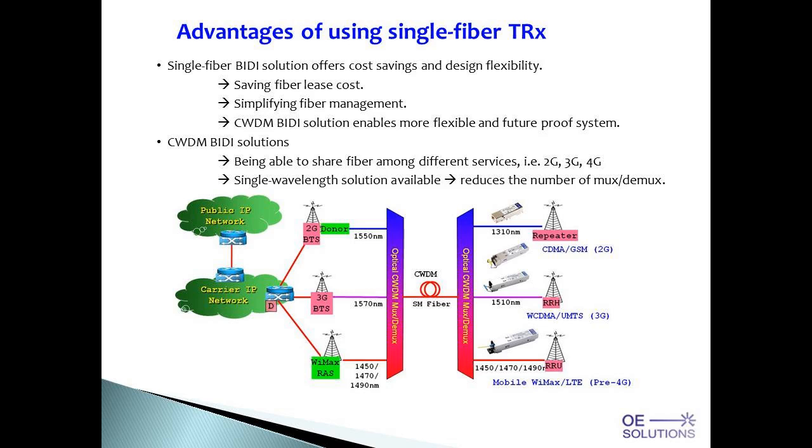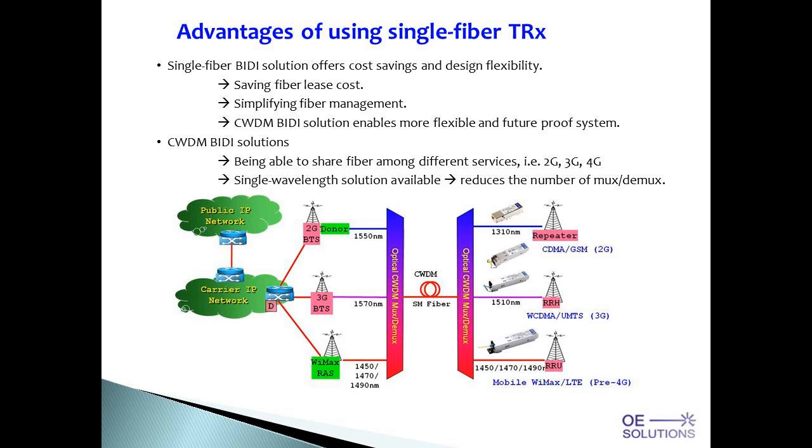Another advantage of using a single wavelength solution is that you can reduce the number of MUX and DMUX. I will show in a later slide how this can be done compared to the traditional design, but that's another advantage.